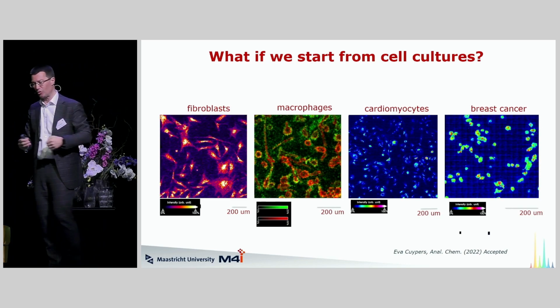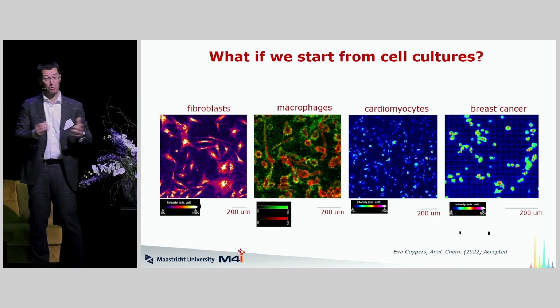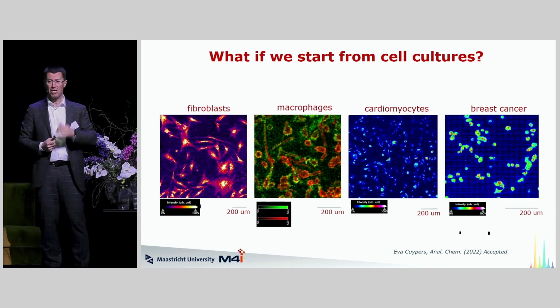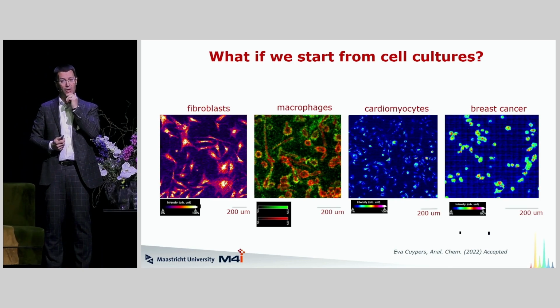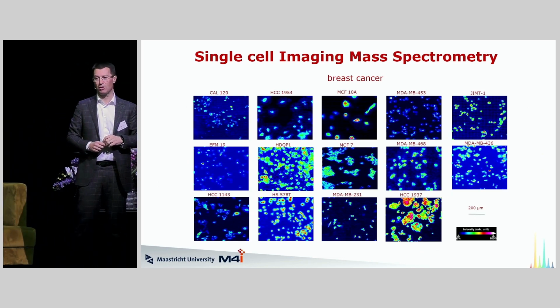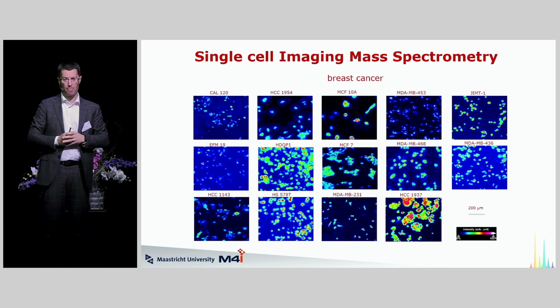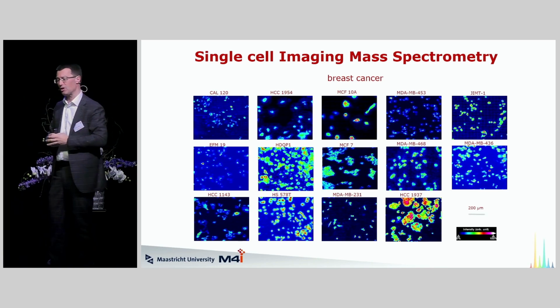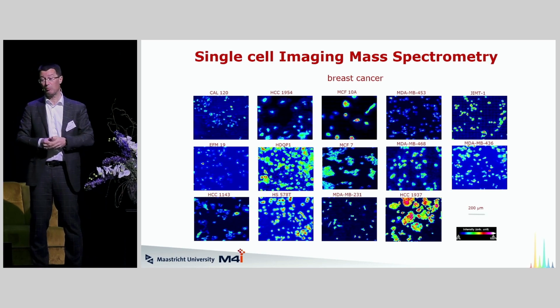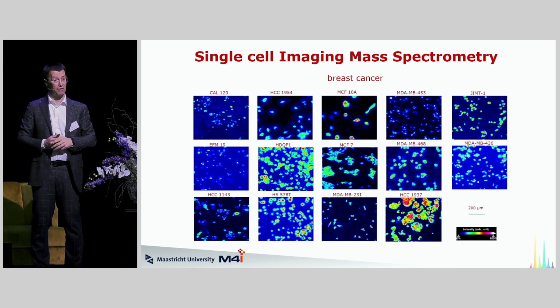So Eva started to culture a bunch of different cell types, and we found there are lots of different lipid profiles in this case, and we thought, what could we do with that? Well, let's see if we can build a library of 20 different breast cancer cell types, different genotypes. We imaged those, and we found that if we look at the metabolic and lipid patterns, they beautifully classify.